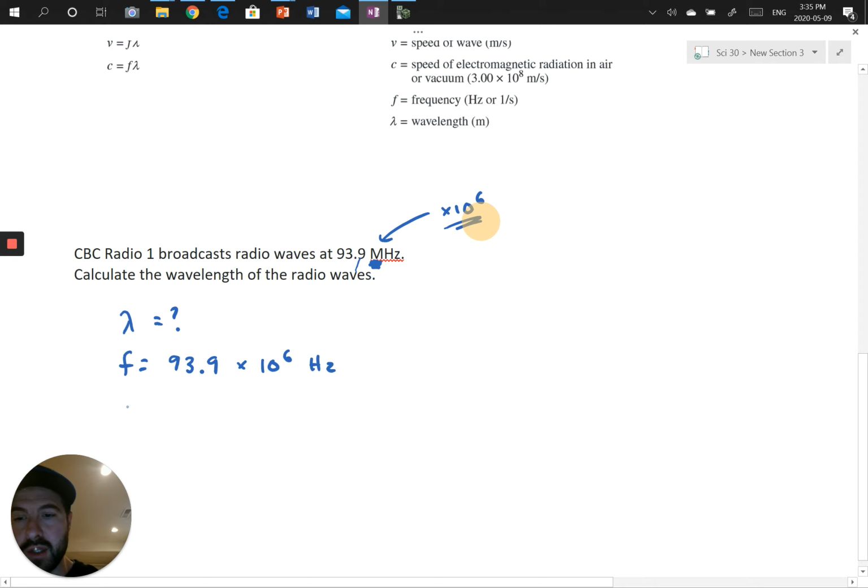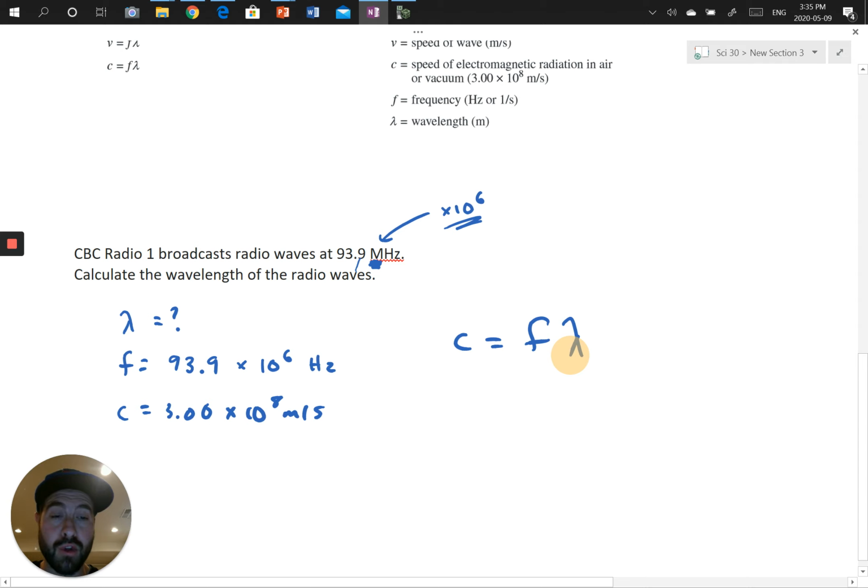When I'm calculating, c is a constant for us. That's 3.00 times 10 to the 8 meters per second. Looking at my wave formula, it's c equals f lambda. How many waves per second multiplied by the length of the wave gives us the speed.